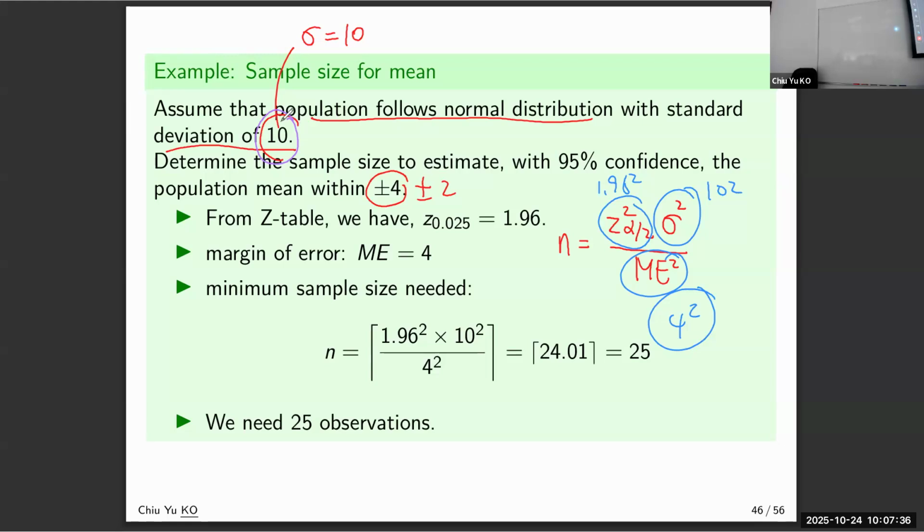So if you have a good idea what the maximum and minimum data are, which is easy to guess, you guess the max and minimum, divide by 6, and you're done. Of course, if you have some previous data, you can use that, but this you can do without collecting data. We don't have the data, so we don't know the S. You may ask, can't I guess this from my sample standard deviation?